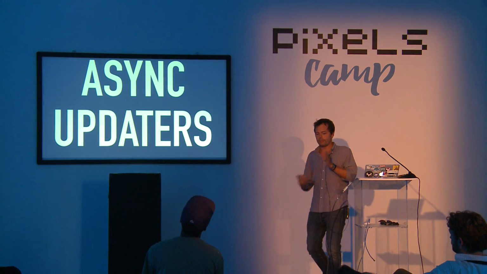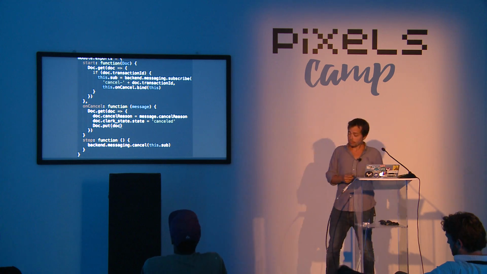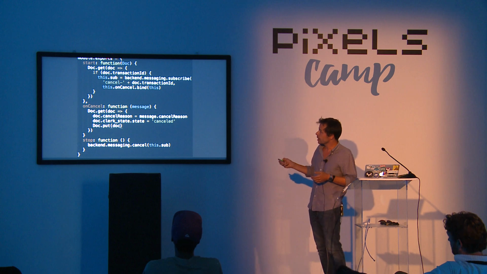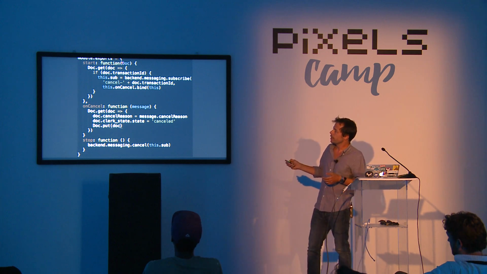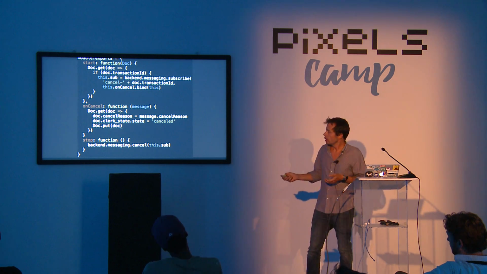Async updaters are the reverse. So async updaters are more complex. I'm sorry about the aspect ratio. This is kind of a class that has at least a start method, and on the start method you can take the opportunity to subscribe to a message queue on a certain topic.